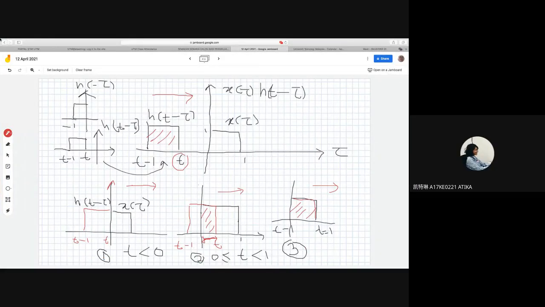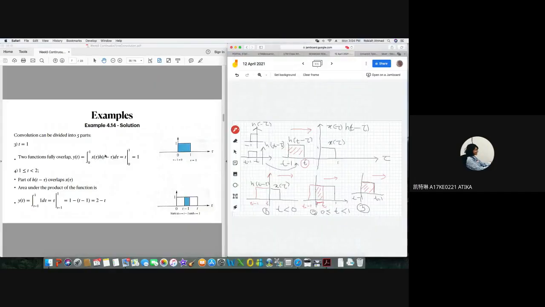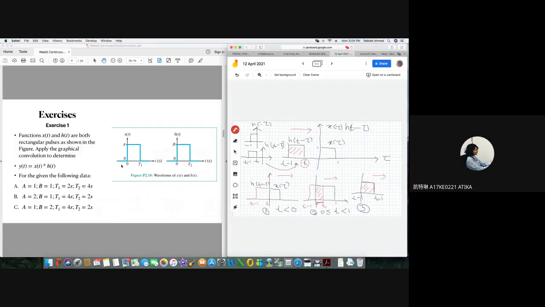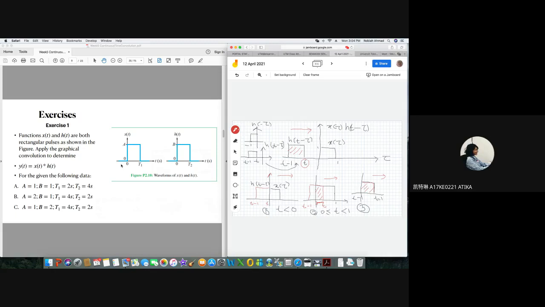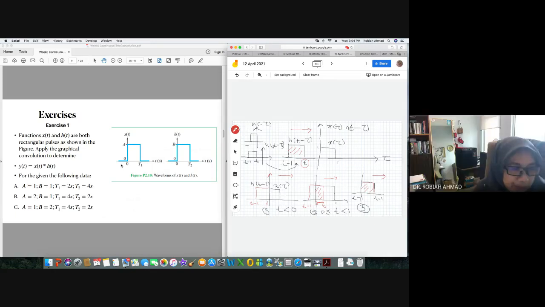Tutor, just now is exercise 1, right? Sekejap, yang ni. This one. Buat yang part A dulu. Okay. Once you get the part A, part B and part C will be the same.